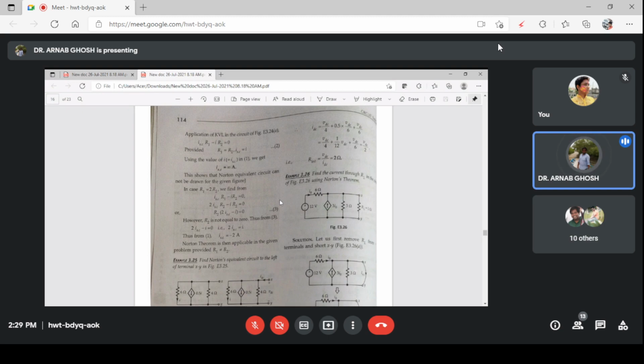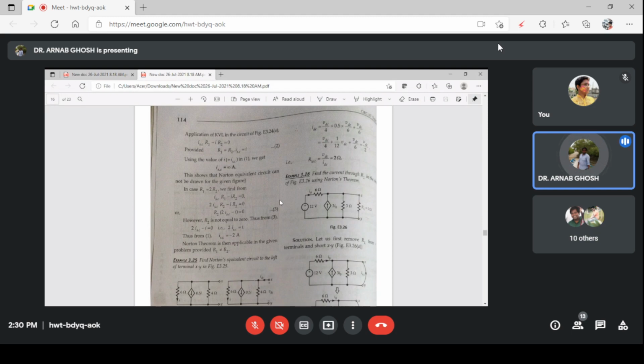Okay, so first I am drawing the circuit, this is 3.26. See, you are given a 12 volt source here. Then you are having a resistance.